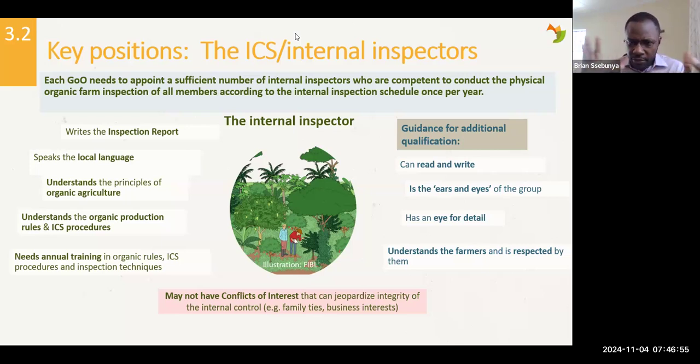We can also discuss a bit of the mechanics around it. We just want the internal inspector to be free. They are not related, or they are not inspecting their in-laws and things like that. All those which can affect their judgment as the internal inspector.